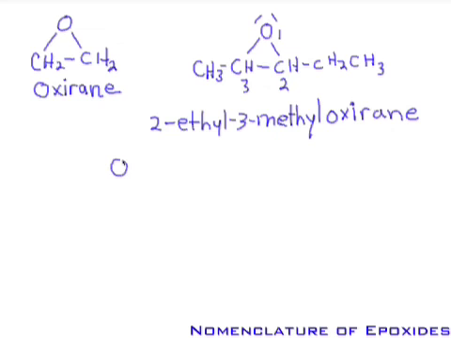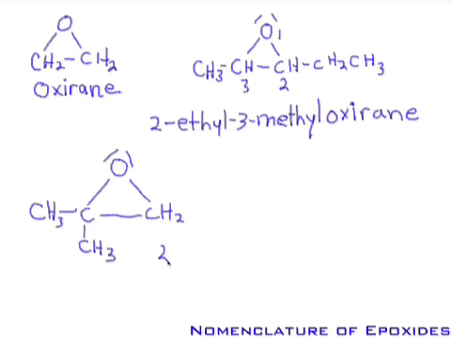If, for example, I had an oxirane with 2 methyls off of one side, like this, that would be a 2,2-dimethyloxirane.